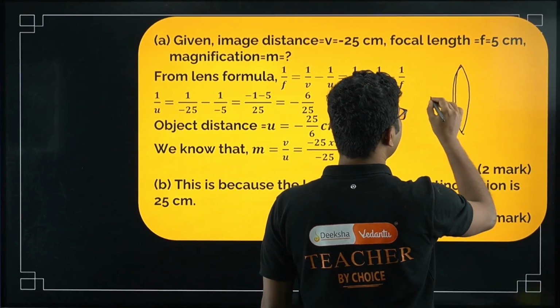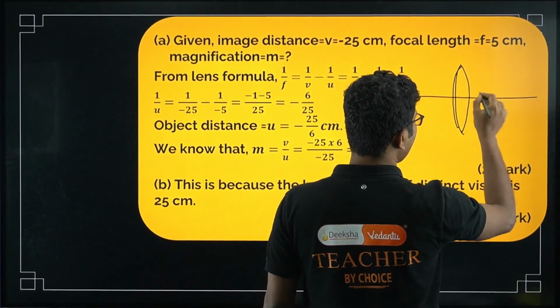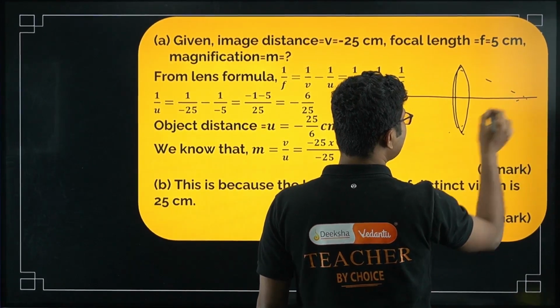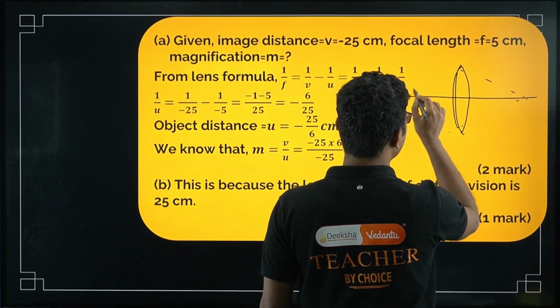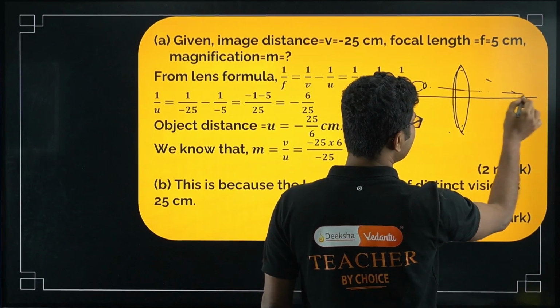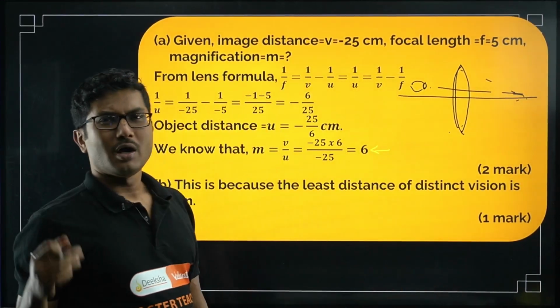Suppose you are reading it like this. The image should come towards the eye from a distance of 25 centimeters so that you can see it. So object should appear from 25 centimeters.